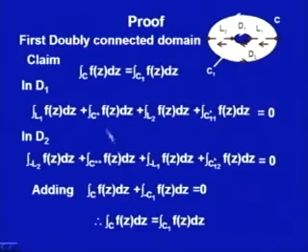So what we have proved is that this is true, and this is what the theorem says: the complete boundary is C and C1. So this is the complete boundary.